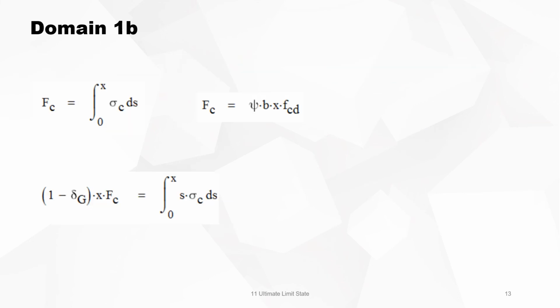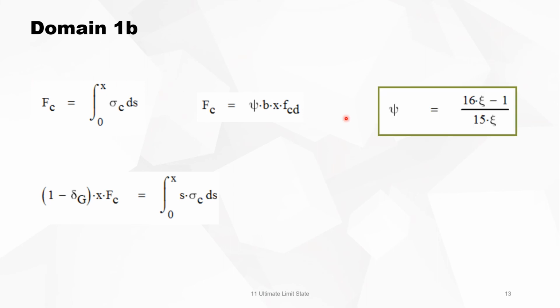Now we can do exactly the same as we did before. We calculate the total compressive force as an integral, and we find that psi, the filling coefficient, is again a function of xi, which gives you the position of the neutral axis. Xi is x over d.